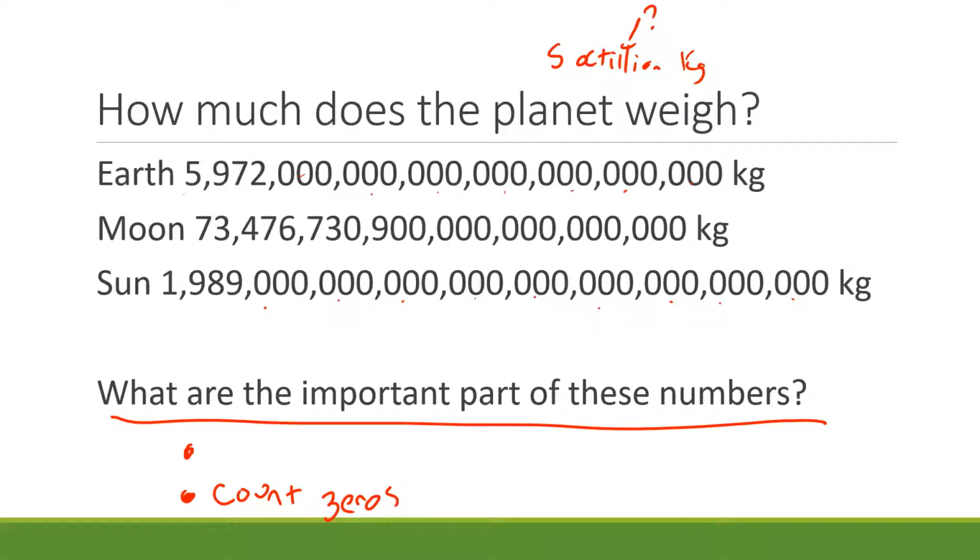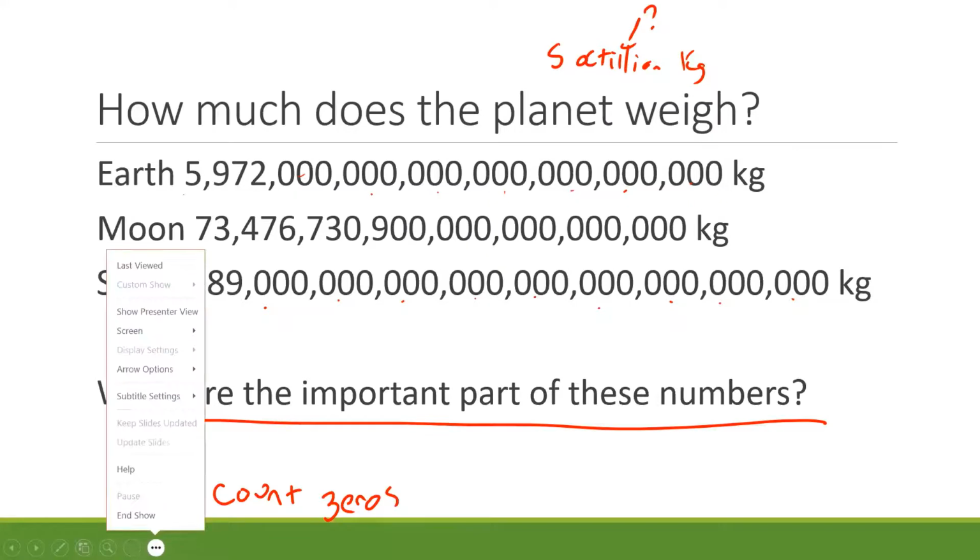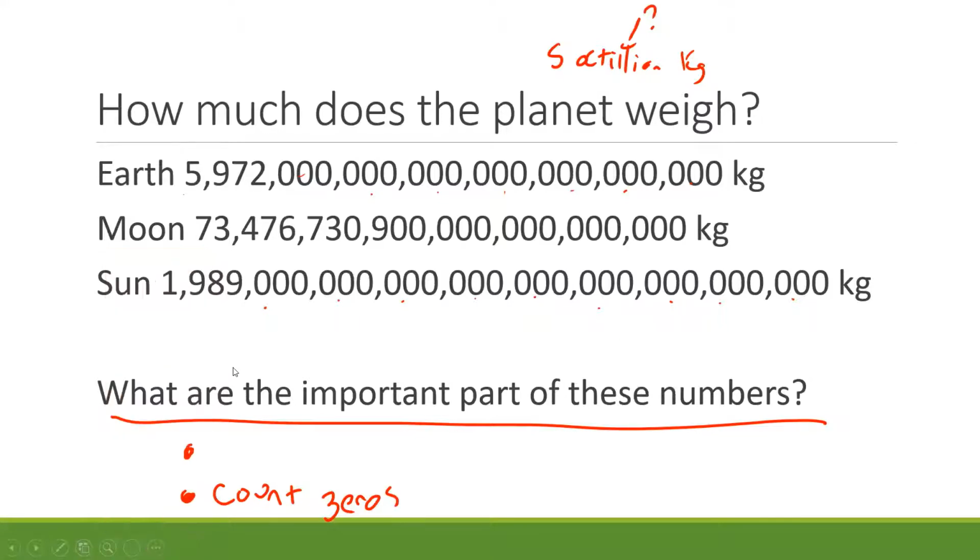But what else is important? If I cover this slide up and I ask you to memorize it, what would it be? Numbers cannot be bigger than 9, so it's like 5.972 times whatever.